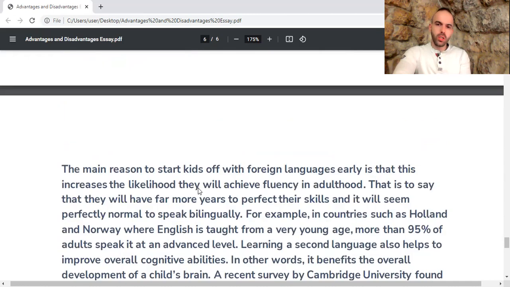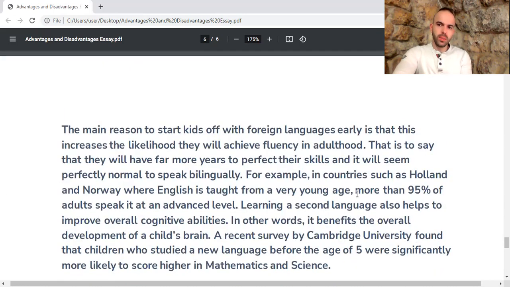So now let's go to the main body paragraph 1. The main reason to start kids off with foreign languages early is that this increases the likelihood they will achieve fluency in adulthood. Likelihood means probability. That is to say that they will have far more years to perfect their skills, and it will seem perfectly normal to speak bilingually.